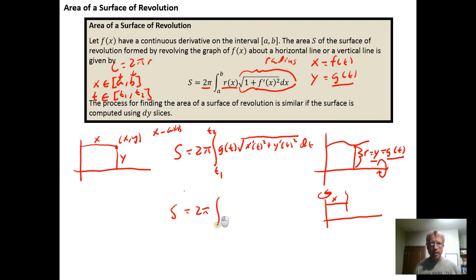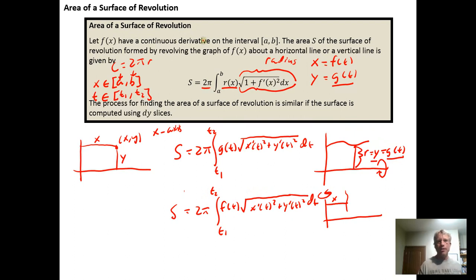It's 2 pi times the integral over the time interval that moves from the start y value to the end y value, and then your radius is f of t, and you still need the arc length formula, which is the same: the square root of x prime of t quantity squared plus y prime of t quantity squared, dt, from the last video that we did.